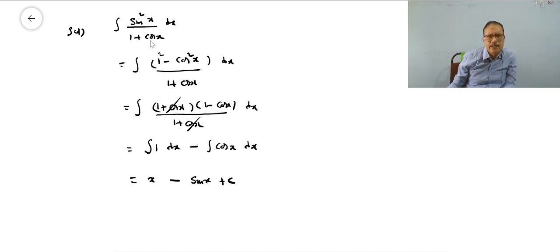So integral of sin square x by 1 plus cos x: sin square x is written as 1 minus cos square x, 1 can be written as 1 square, so this is in the form a square minus b square, that is a plus b into a minus b. This can be written as 1 plus cos x into 1 minus cos x by 1 plus cos x dx. Here 1 plus cos x gets cancelled. So that is integral of 1 minus cos x dx, that is integral of 1 dx minus integral of cos x dx. Integral of 1 dx is equal to x, minus integral of cos x is sin x, plus constant.